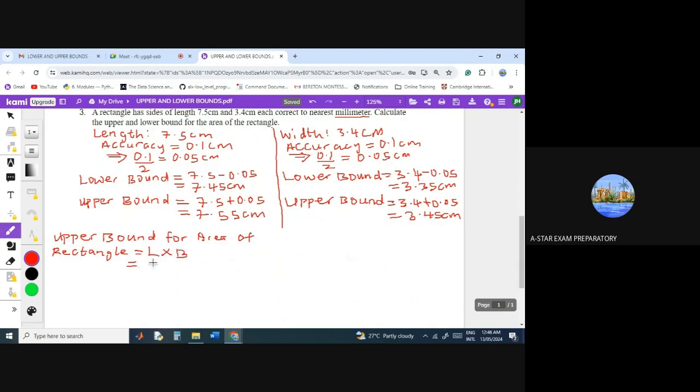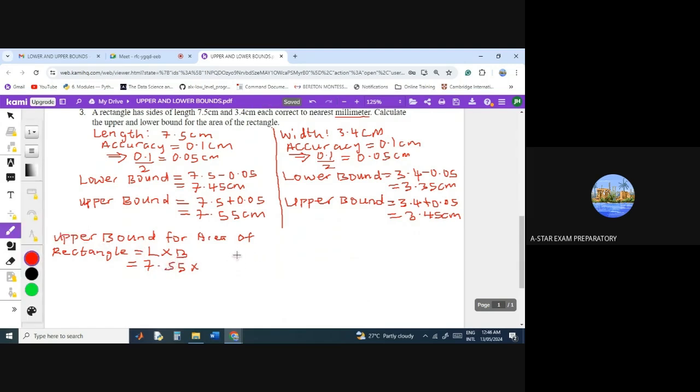So all I have to do is insert the values for the upper bound of the length. Okay, upper bound for the length is 7.55.